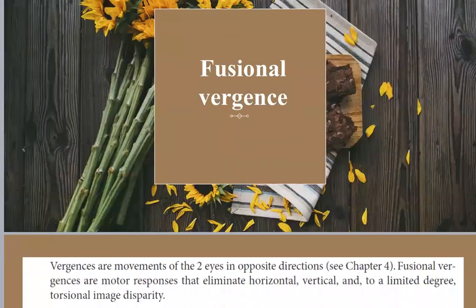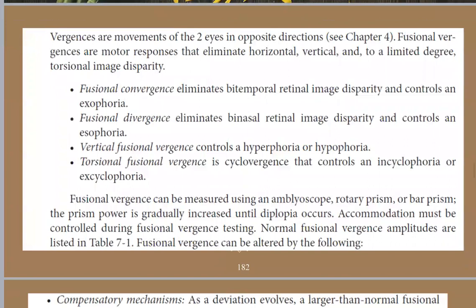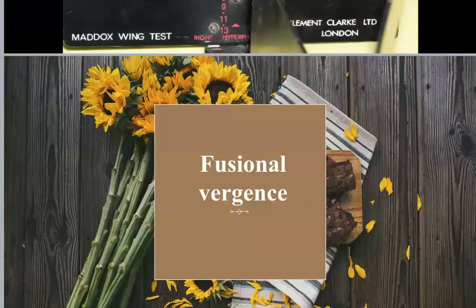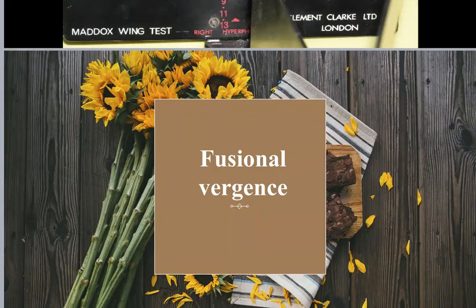About the fusional vergences, here the vergences are the movement of the two eyes. I told you this before. I told you that you have versions, which is conjugate eye movement. The fusional vergences are there in order to eliminate the phoria. As I told you, the eye may have the tendency to deviate in or out, and so on.